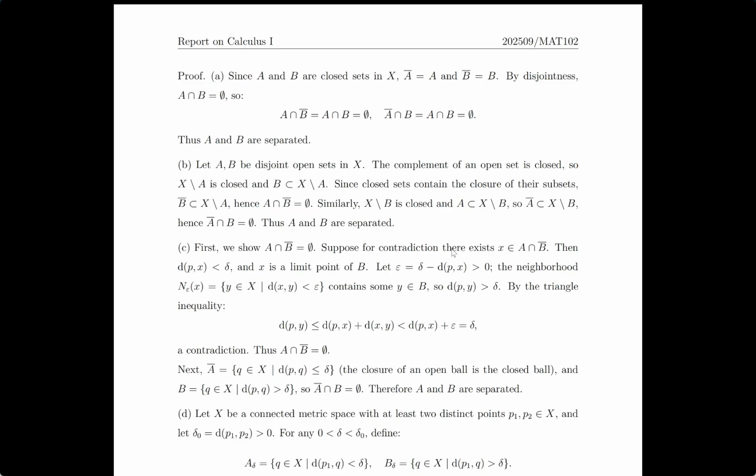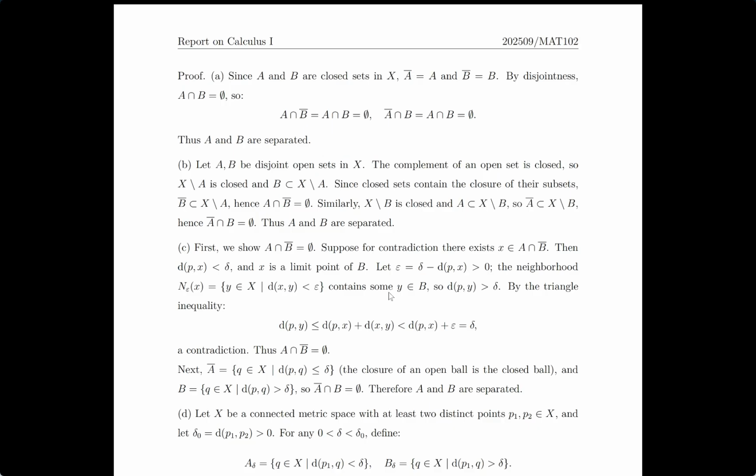We assume that there exists x belonging to A intersects the closure of B. Then d(p,x) is less than delta. So this is a limit point of B.